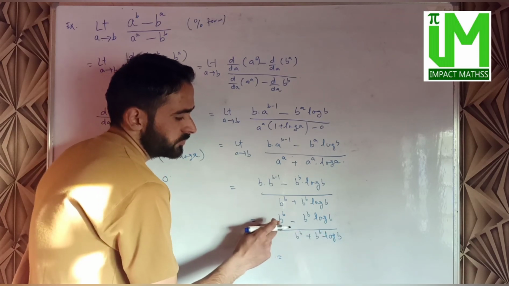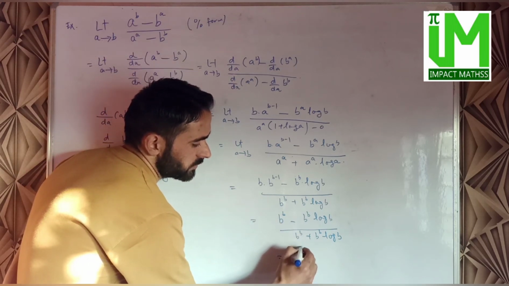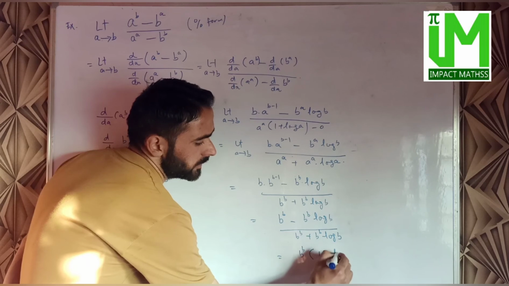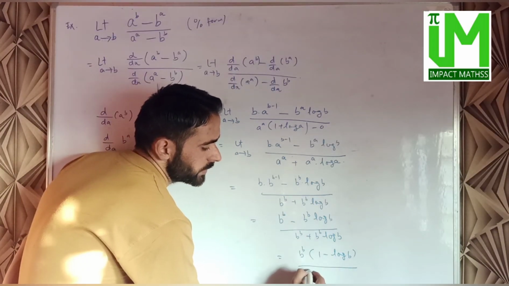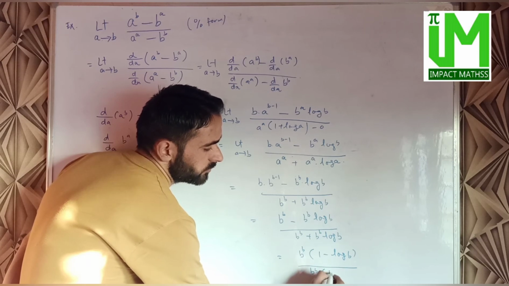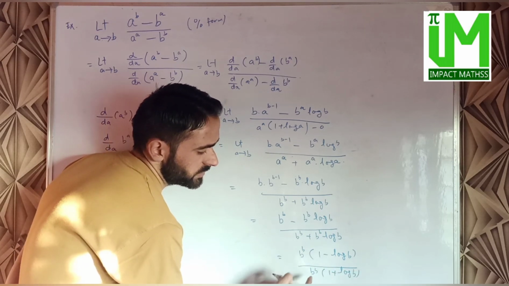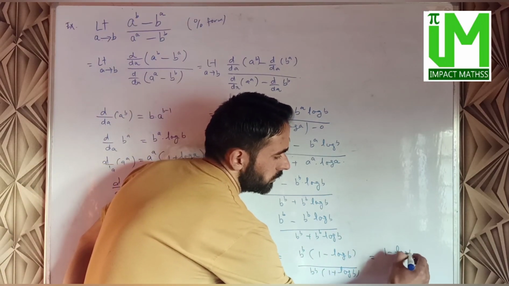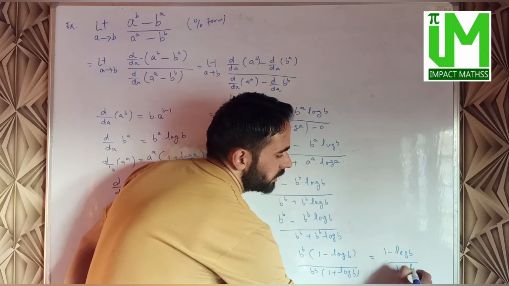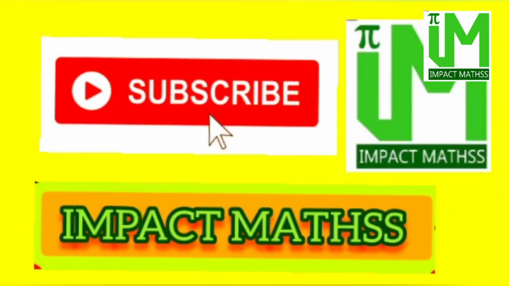In the numerator, b to the power b is common, and in the denominator too, so it will be b raised to power b into 1 minus log of b, divided by b to the power b into 1 plus log of b. So b to the power b cancels with b to the power b, and overall the answer is 1 minus log of b divided by 1 plus log of b.